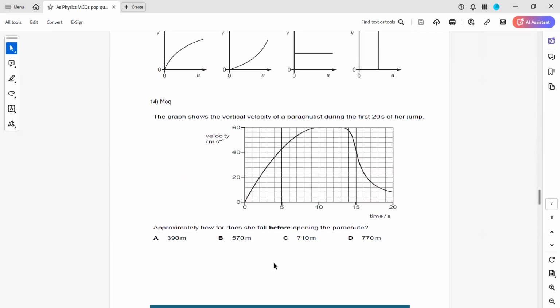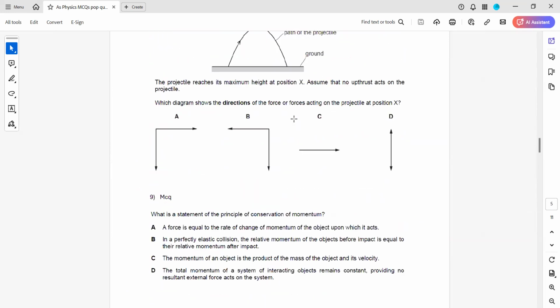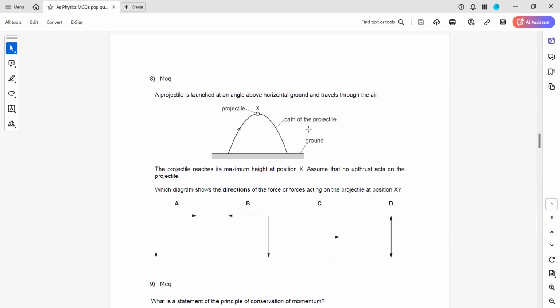One of the students asked why it is not A for question 8, why there is no upthrust. Remember, upthrust of the air is negligible. If the upthrust was a considerable force for an object, then what should happen to this projectile? Like these arrows shown here.